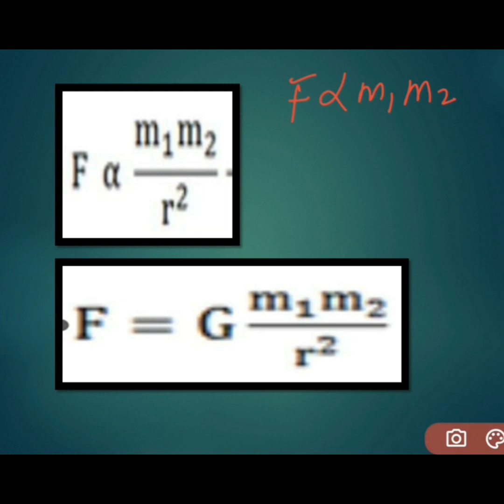The force of attraction depends on the product of the two masses and it is inversely proportional to the square of the distance between them. What I mean is, F is inversely proportional to the square of the distance between them.